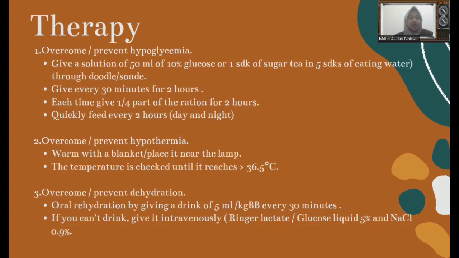Give every 30 minutes for 2 hours, and then each time give a fourth part of the ration for 2 hours, continuing every 2 hours day and night. Next, overcome or prevent hypothermia: warm with a blanket or place near a lamp, and check the temperature until it reaches over 36.5 degrees. Overcome or prevent dehydration: the tip is oral hydration by giving a drink every 30 minutes. If the child cannot drink, give it intravenously.